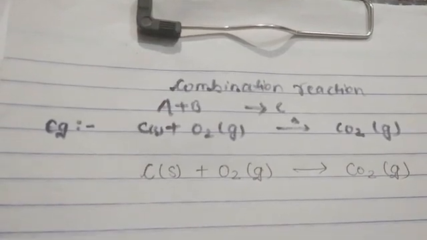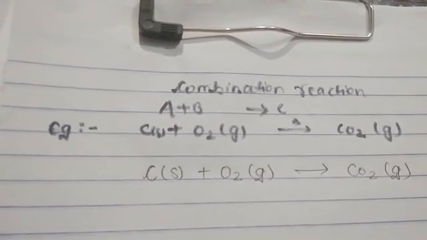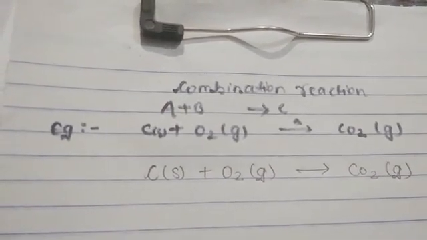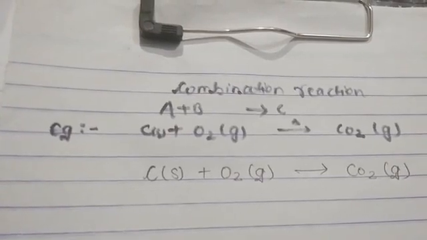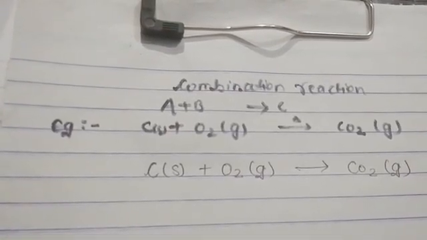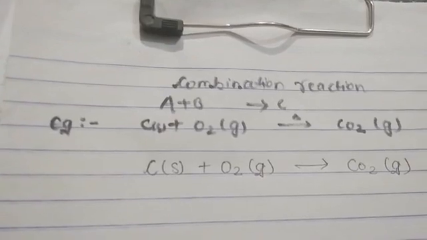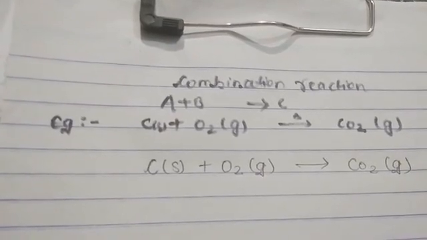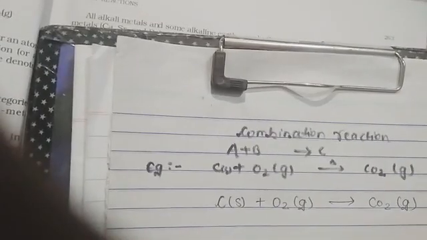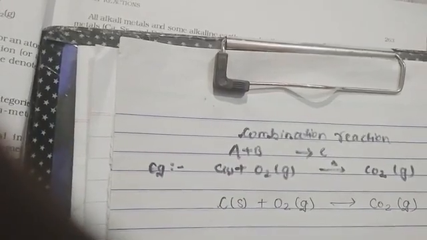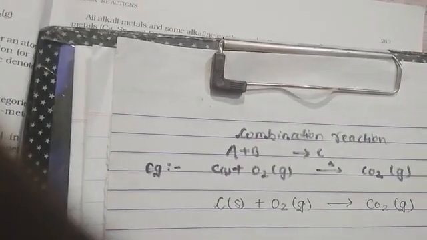Now we have to check their oxidation or reduction, and both oxidation and reduction take place in a reaction that we call redox reaction. So here we can check the redox reaction. We already studied the rules of oxidation number.